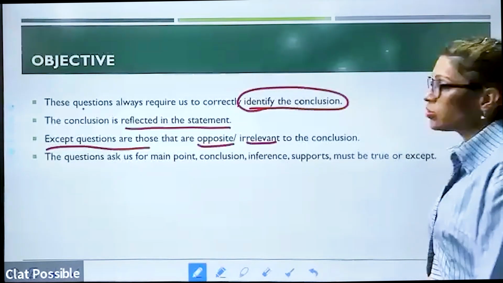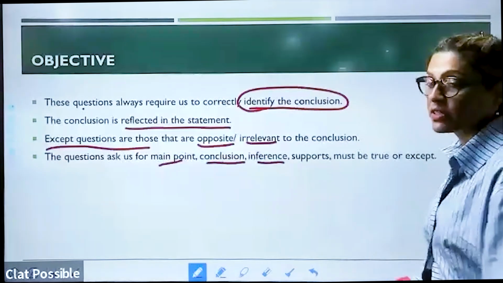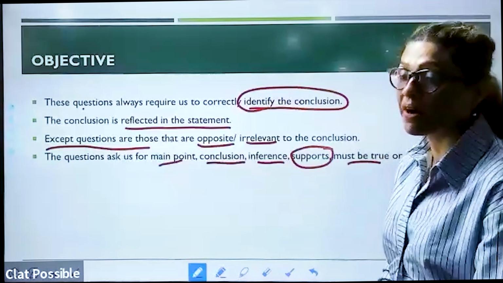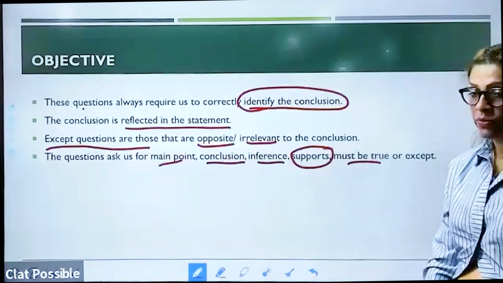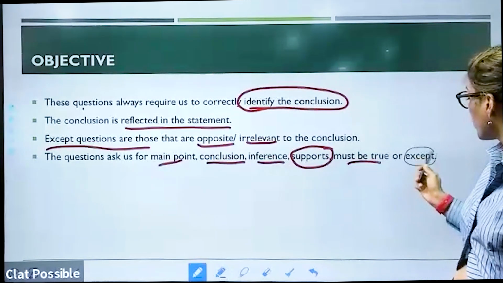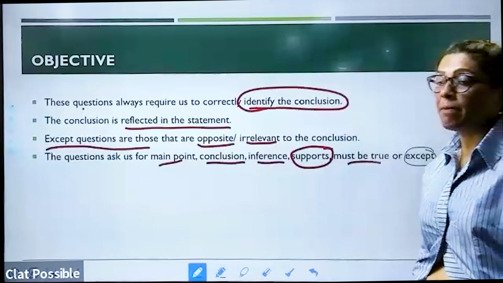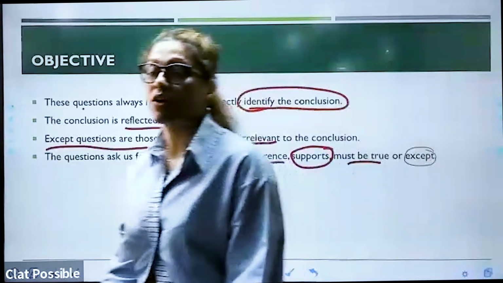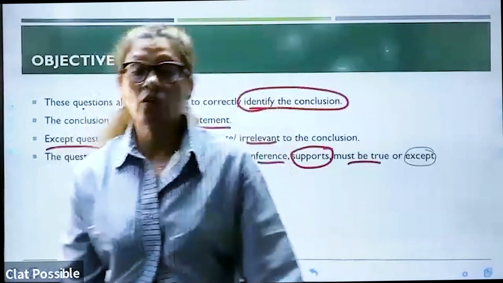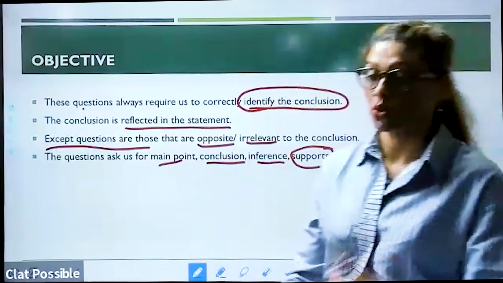So these questions will ask you for either main point, conclusion, inference, must be true, what supports the statements above, support which conclusion, right? Or all of these with the word except. So it is imperative that in this category of questions, you constantly look at the conclusion or you constantly look at the option that gives you the conclusion.